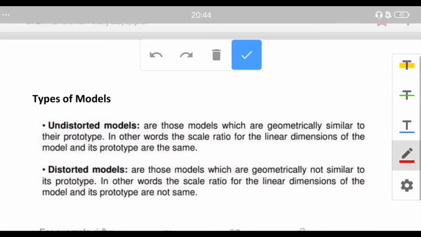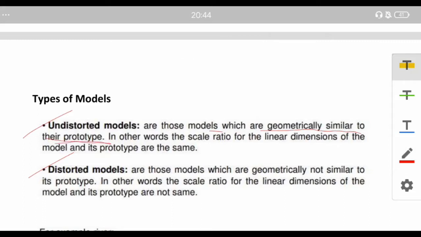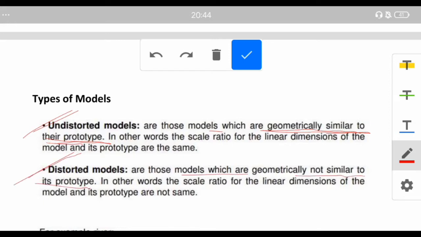The types of models are the undistorted model and the distorted model. Undistorted models are those models which are geometrically similar to their prototype. Those models which are geometrically not similar to their prototype are the distorted models.